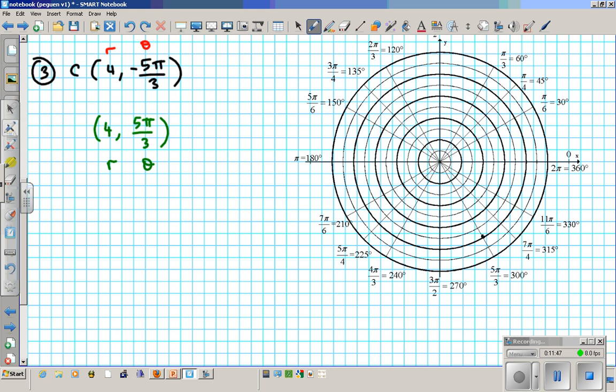So it's as though you started here at 4, and then you rotated along that radius. Bam. To (4, 5π/3). Okay? That's not what I want. I need 4 and negative 5π/3. So remember, when you negate the radius, it means you reflect in any direction along the radius. Across, up, down, whatever.